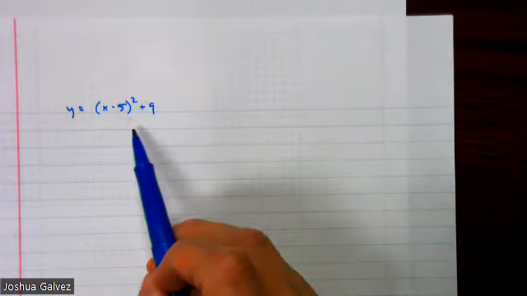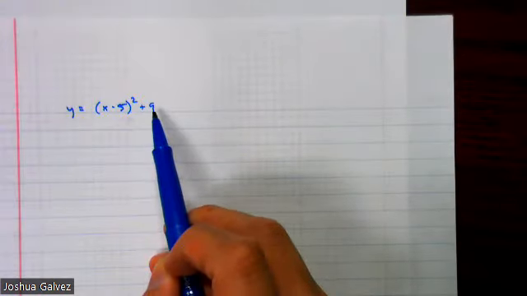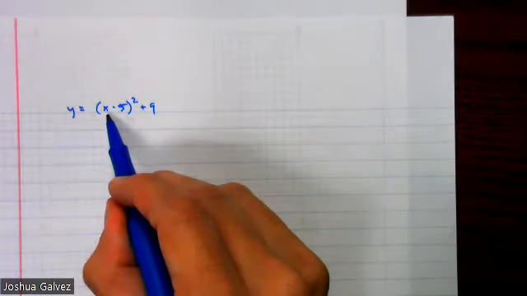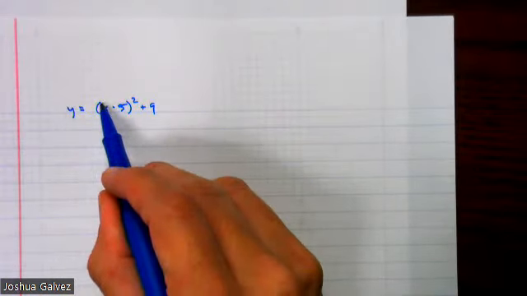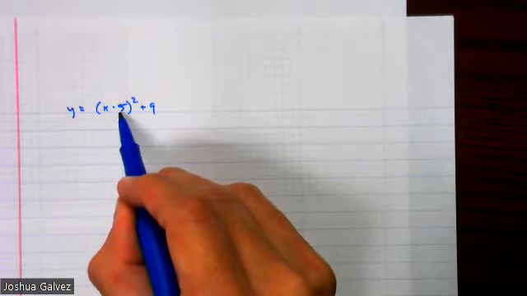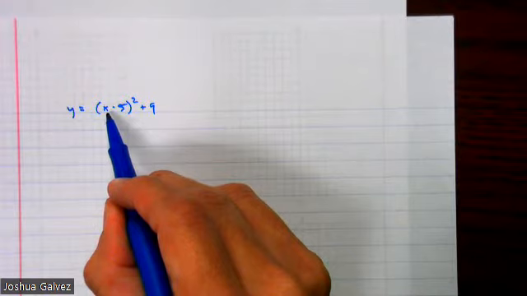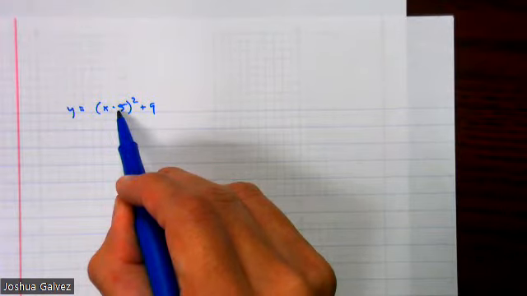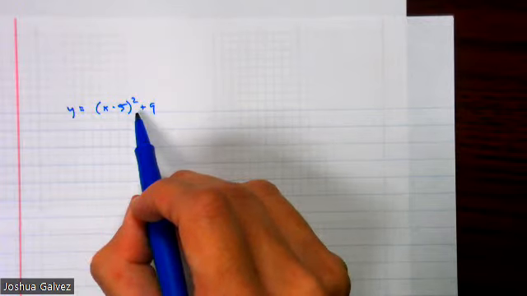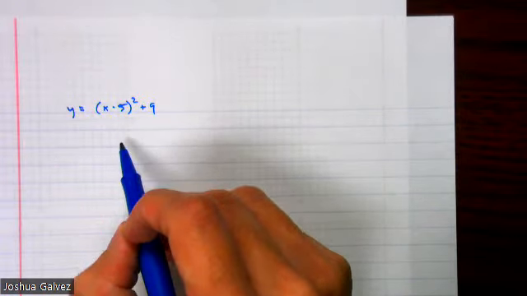Vertex form has this really nice property where if we choose an x value so that this argument, this part of the parentheses, this expression right here, equals 0, whatever y we end up getting is going to correspond to the vertex.